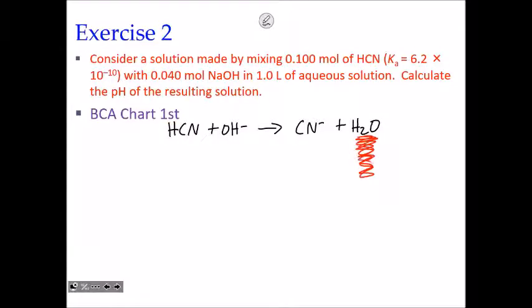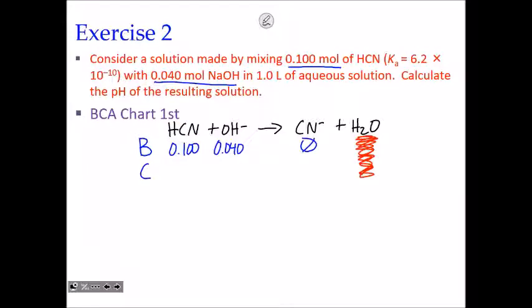That part doesn't really matter. Beforehand, we're going to have 0.100 moles, and it's nice that this problem already gave it to us in moles. Sometimes they'll give you a certain milliliter at a certain concentration, and you have to figure out the moles. And they told us also the moles of the hydroxide that's being added. So we have that here, and of course, starting off with no conjugate.